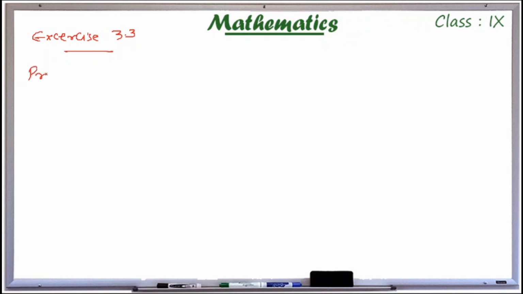Problem 1 and 2 are both homework. So read the question in problem 1: in which quadrant or on which axis are these points lying? First you have to plot all those points in a plane. For example, minus 1 comma 0.